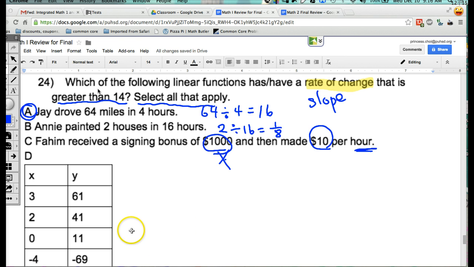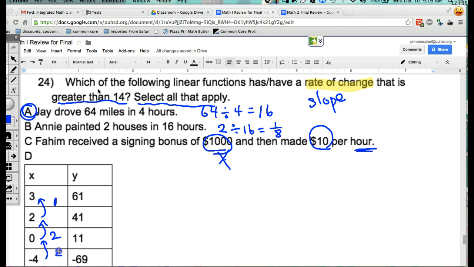And on the actual test, there's going to be more than one table, okay? All right. So what you have to do is look at the change that goes from 3 to 2. Well, let's go from small number to bigger number. How many do you have to add to go from 2 to 3? 1. How many do you have to add to go from 0 to 2? How many do you have to add to go from -4 to 0?